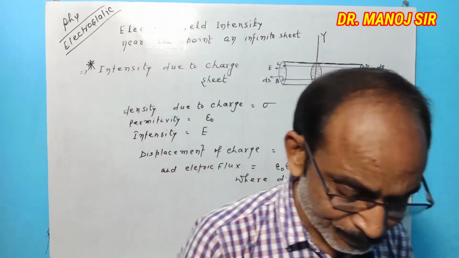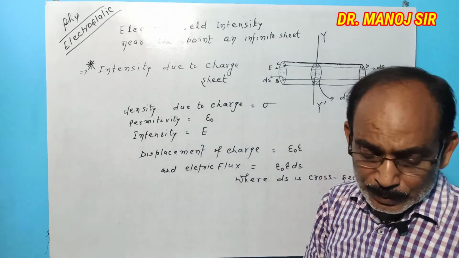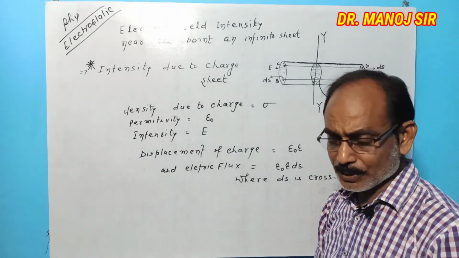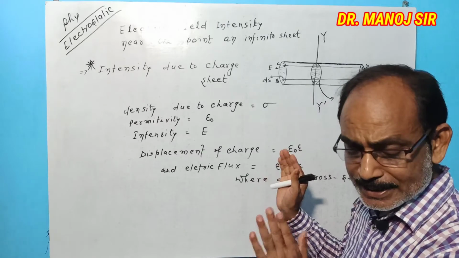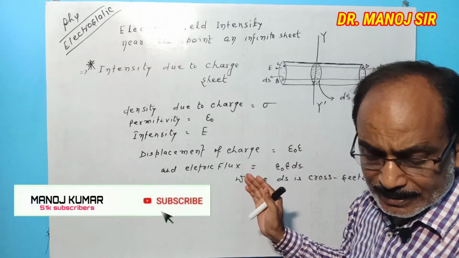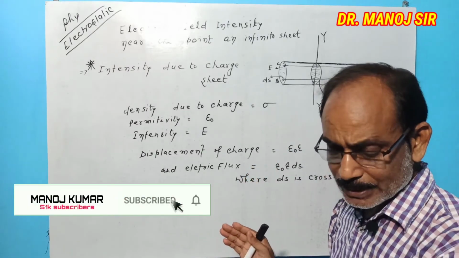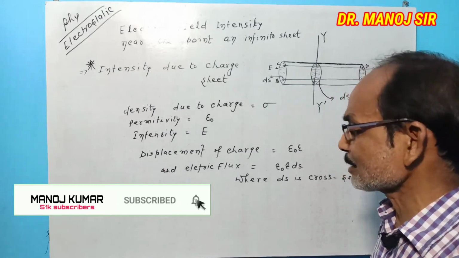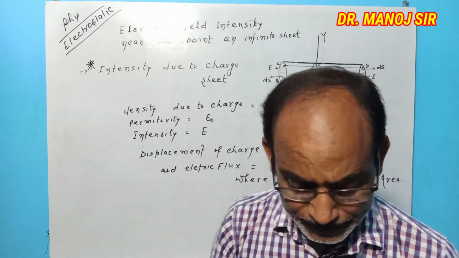Now total charge is equal to the density of the charge times the cross section area.